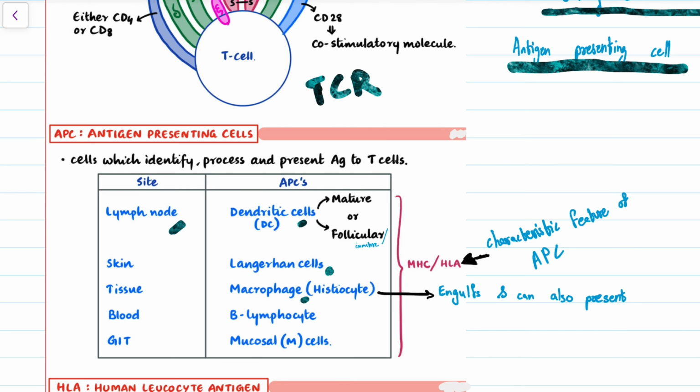Macrophages have the function of engulfing pathogenic cells, that is phagocytosis, but they also work as antigen presenting cells. In blood, it is the B lymphocyte, and in the GIT it is the mucosal M cells.